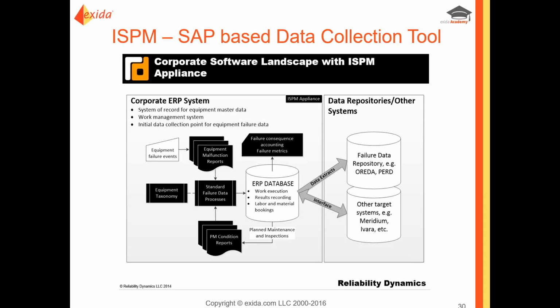PIRD is the AICHE, American Institute of Chemical Engineers, Center for Chemical Process Safety. That group established the Process Equipment Reliability Database, PIRD, which is a very excellent consortium to join. And both the ISPM tool and SILstat are capable of exporting data to PIRD in the PIRD format.